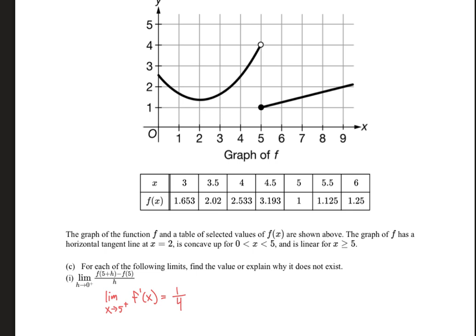Okay, another way to do it, there are a bunch of ways to do this one, I think. You could also just say what this function is. If you do a little algebra, this ends up being 1/4 x minus 1/4. And then you could say, this is really just f of x.